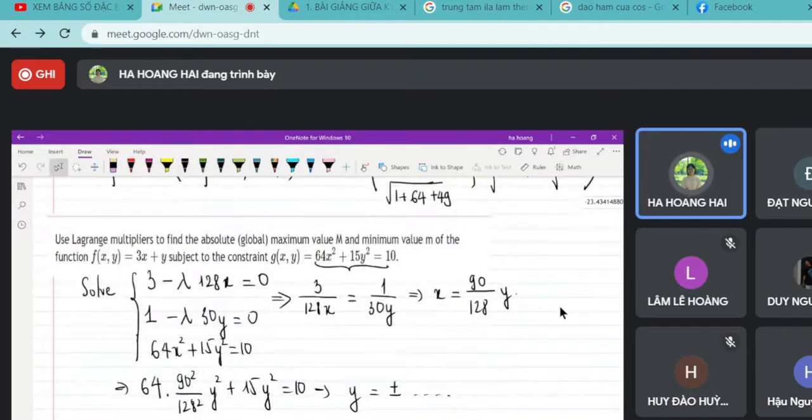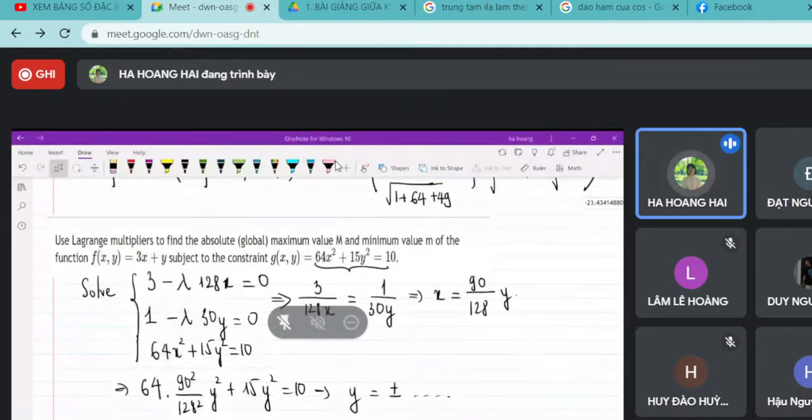And then can you check this answer? We have the maximum value. It is about 1.3 and minus 1.3.